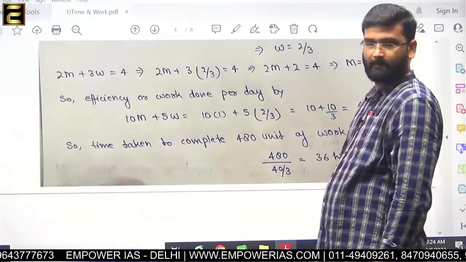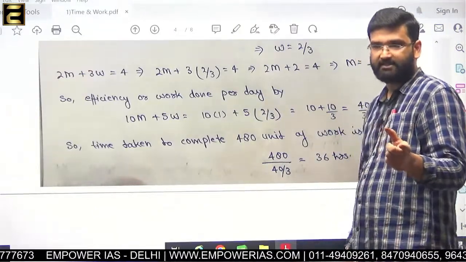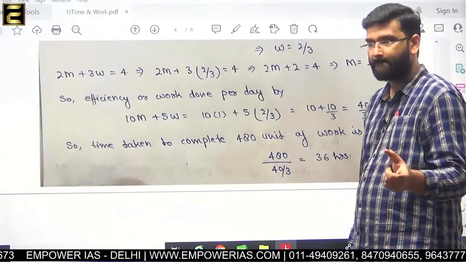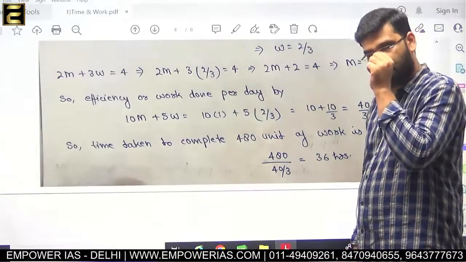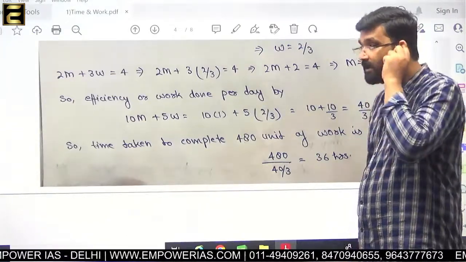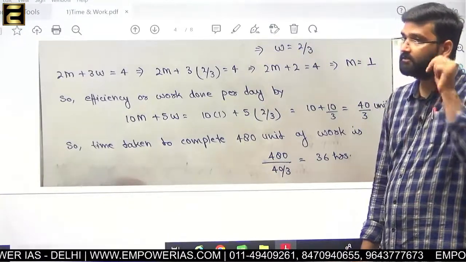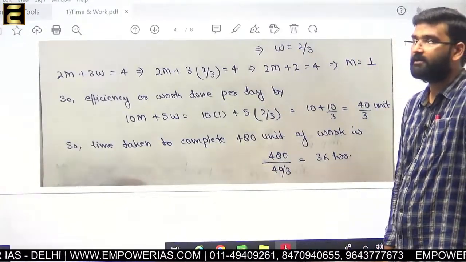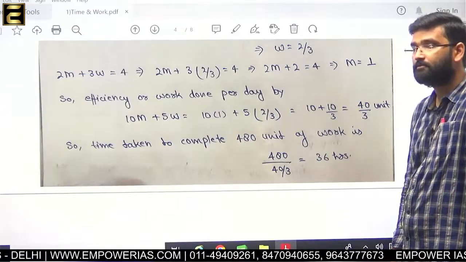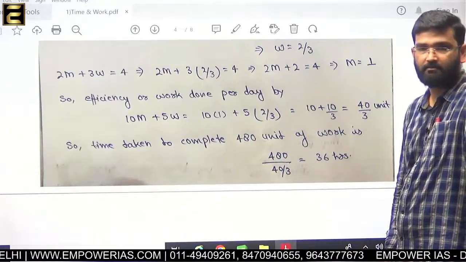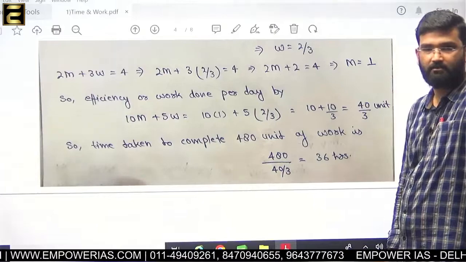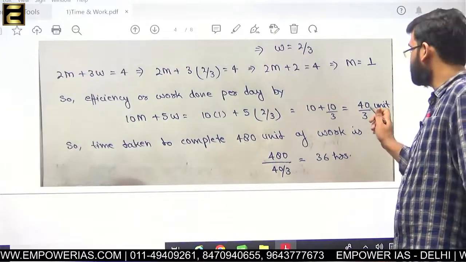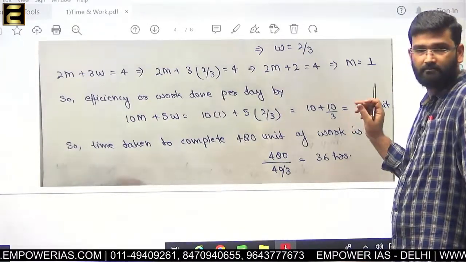So this we have calculated, the efficiency. 40/3 unit is the efficiency. Now here, see, it is not mentioned per day. Here it is mentioned units per hour. Okay. So this is the efficiency of new group.